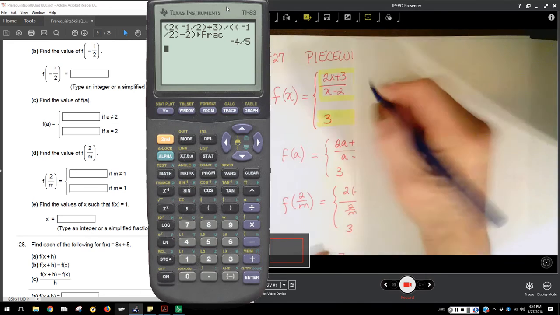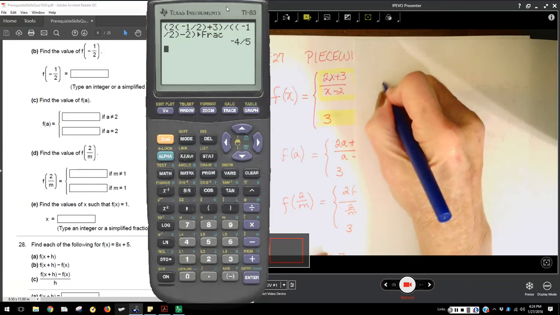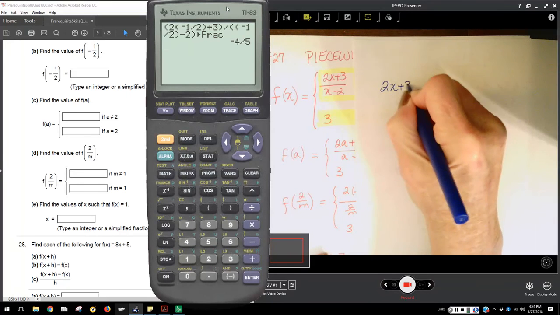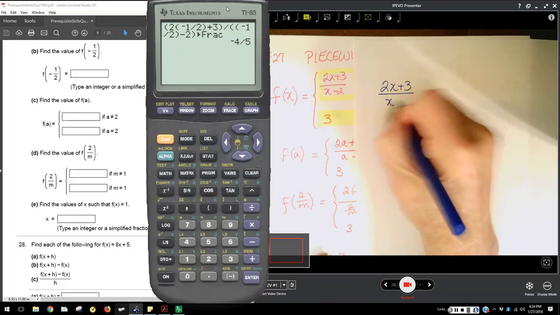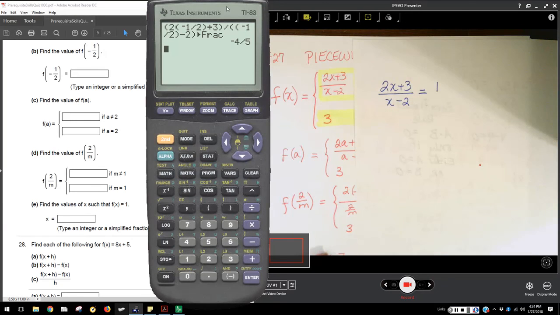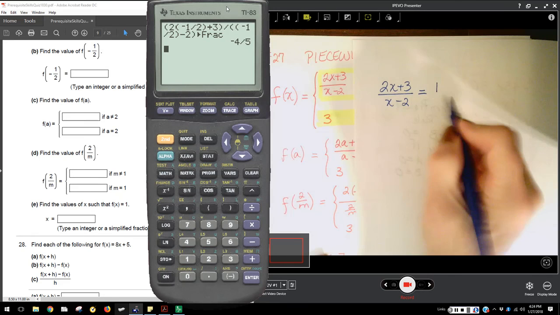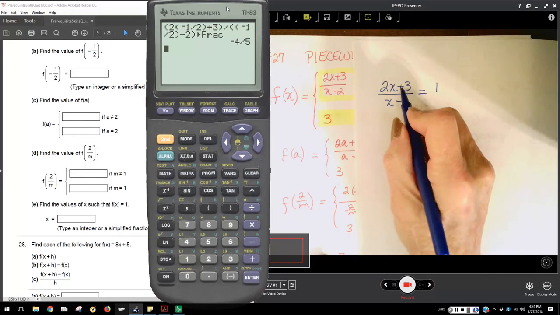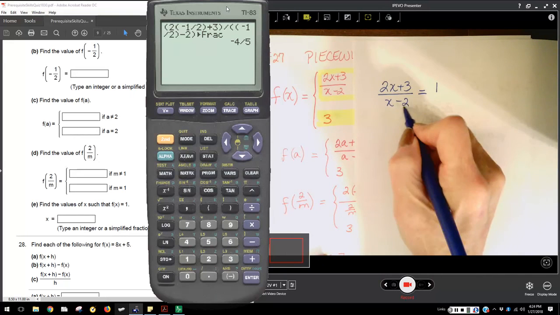What we're trying to find here is what would cause 2x plus 3 over x minus 2 to be equal to 1. Now, if you look at it and just think common sense, anything's equal to 1 if its value here is the same as the value here.